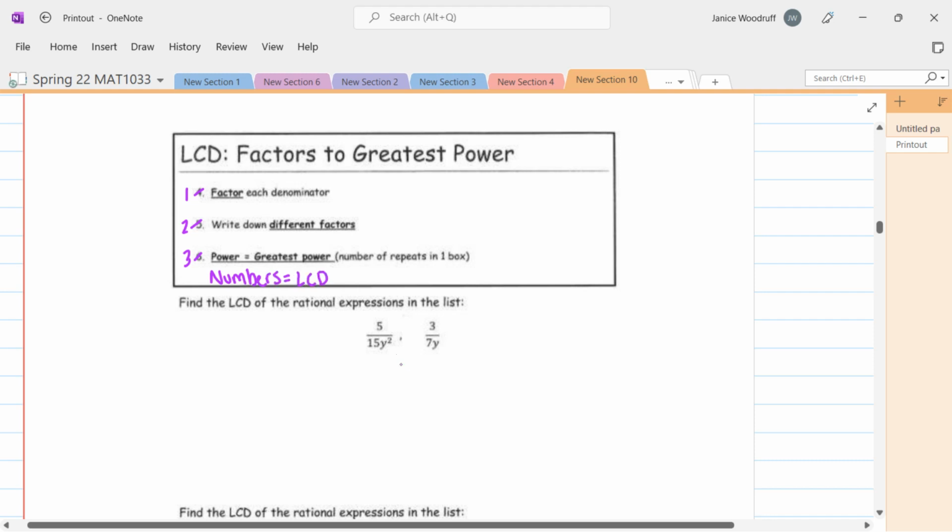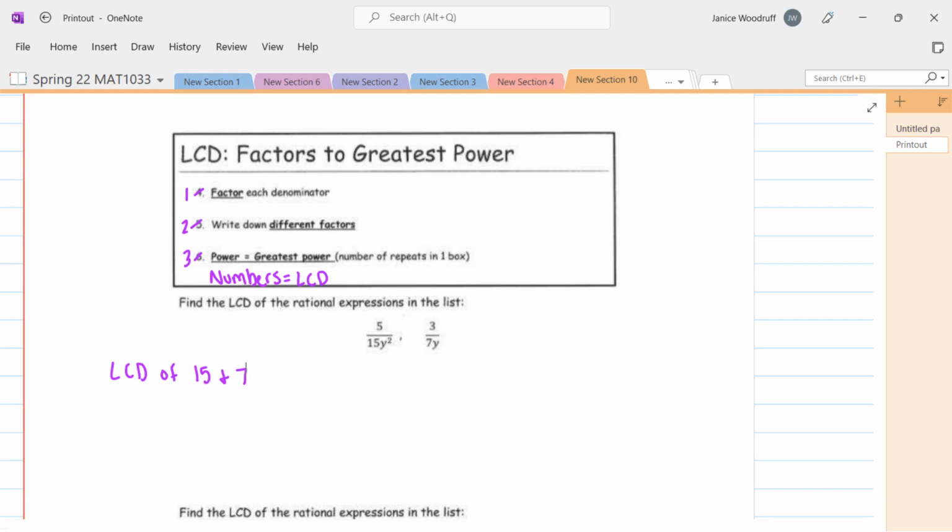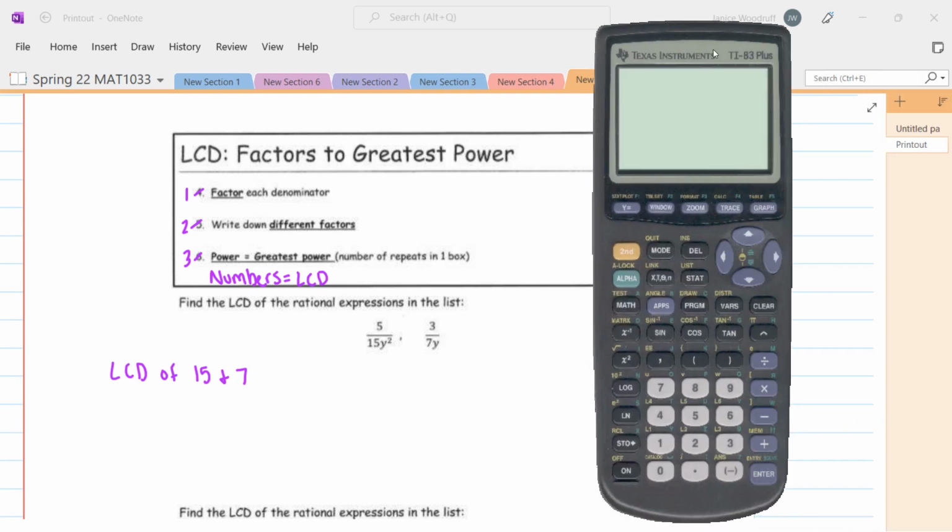Okay, so if I look at these denominators, 15y squared and 7y, the first thing I'm going to look at is 15 and 7, and I'm going to find the LCD of 15 and 7. So I would want to think of multiples of 15, and then see if I can get them to divide into 7.